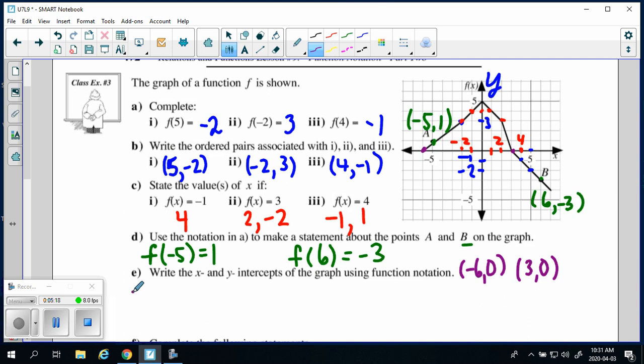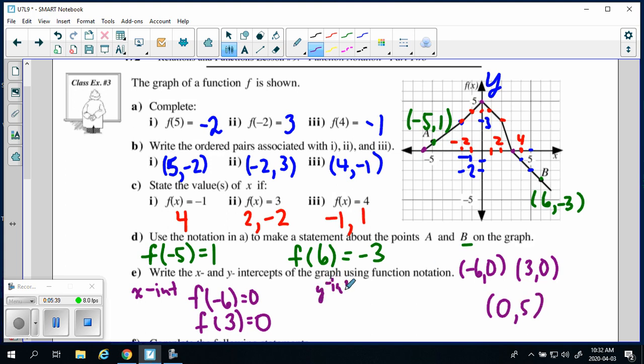So if I want to write my x-intercepts, I could say that f of negative 6 is 0 and f of 3 is 0. Looking for my y-intercept, which is up here. So the coordinates of that y-intercept are 0, comma 5. So for the y-intercept, I would say that f of 0 is equal to 5.